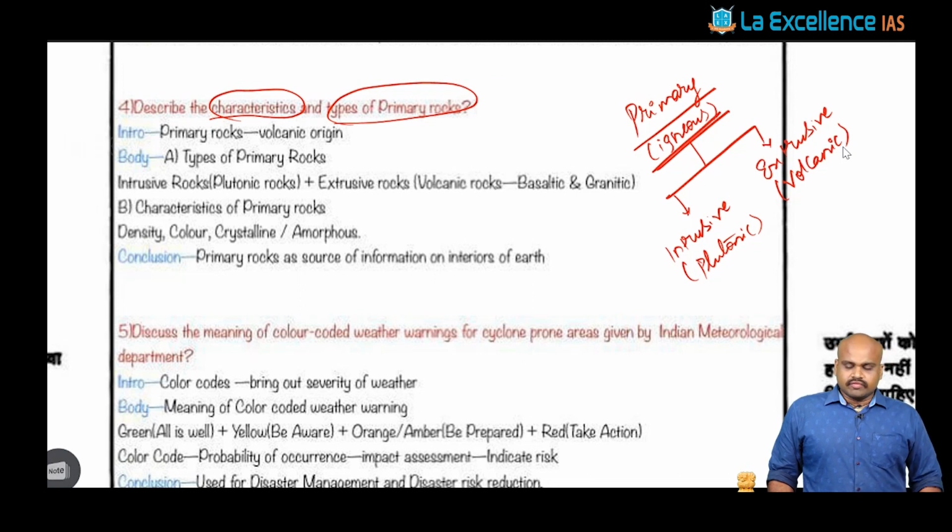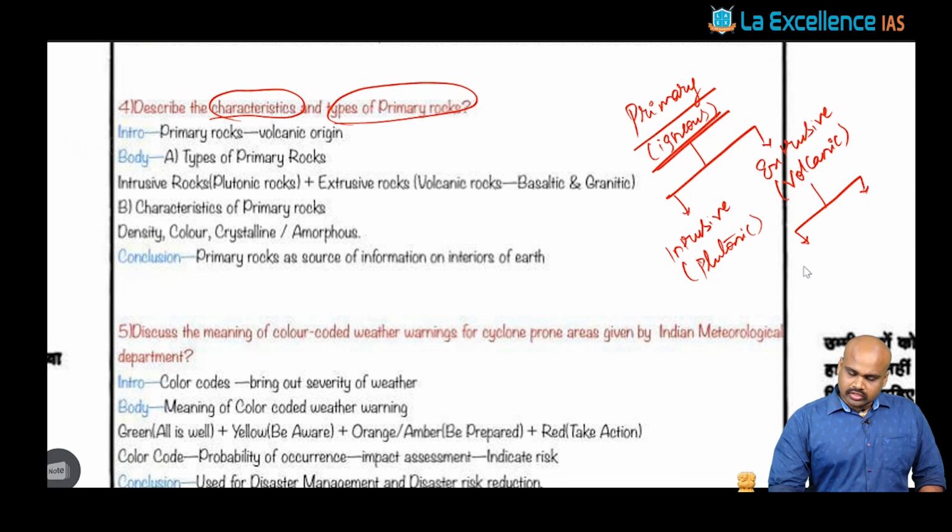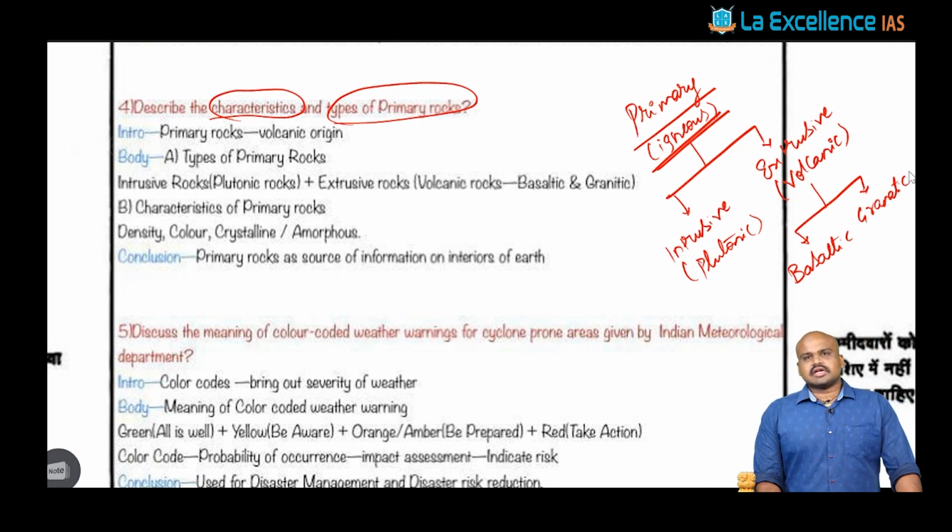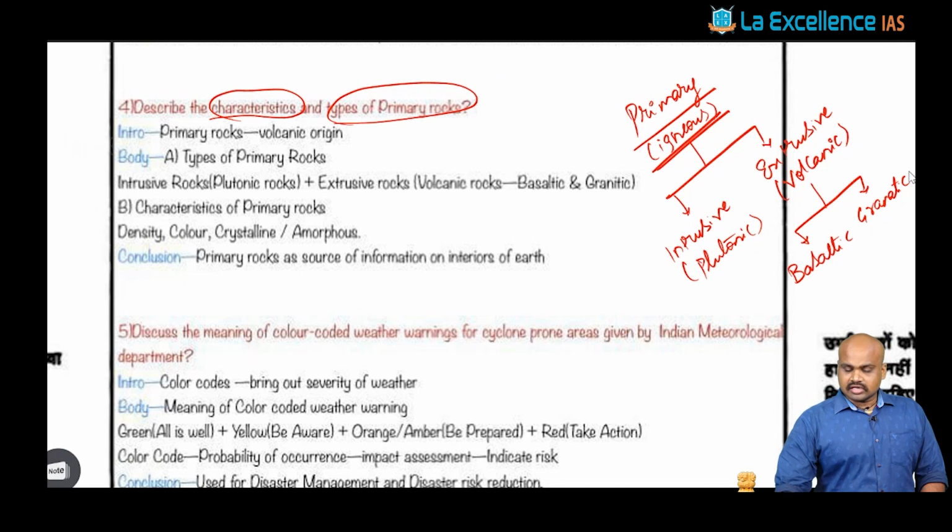Apart from that, we know that these can also be further classified into the basaltic and the granitic system. We know that the basaltic rock system is fundamentally the result of basic lava, and the fundamental characteristic of basic lava is that it has extensive amounts of iron and high densities.